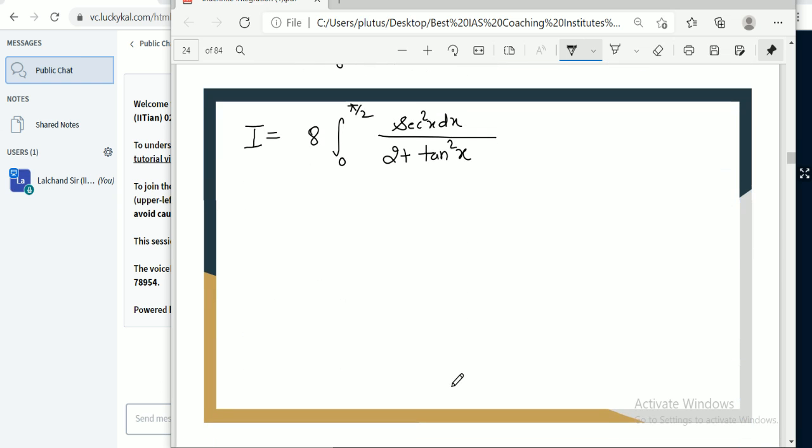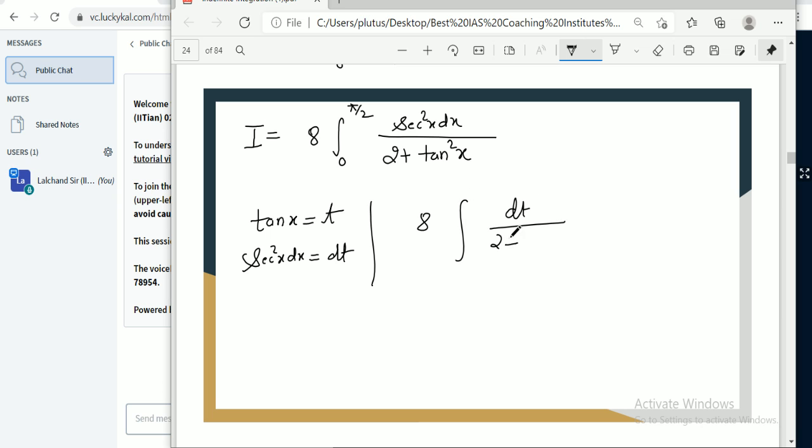Okay. So if we substitute tan x equal to t, then sec square x dx is equal to dt. So this will be 8 times integral dt upon 2 plus t square.